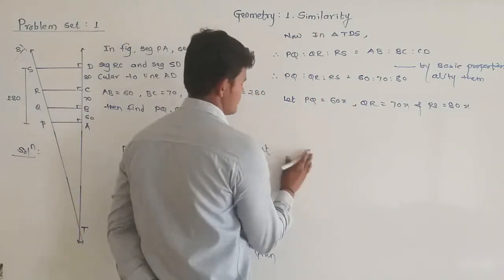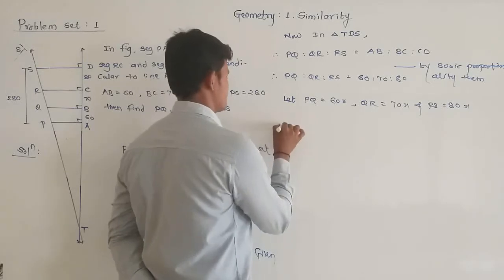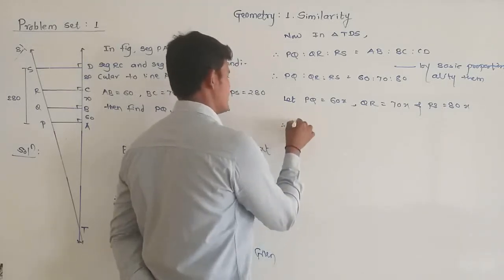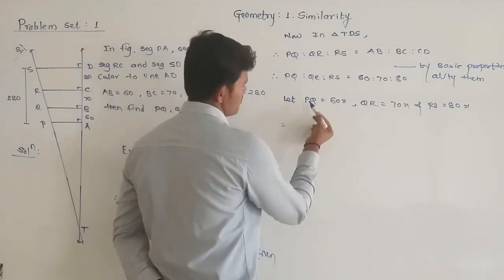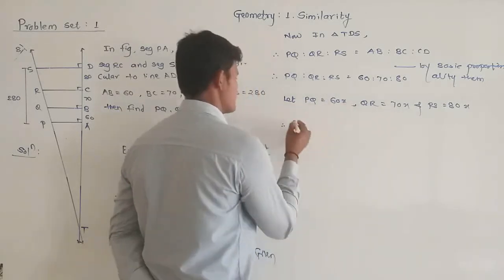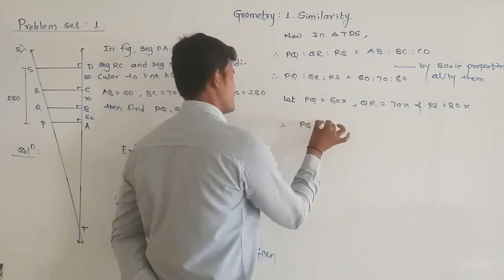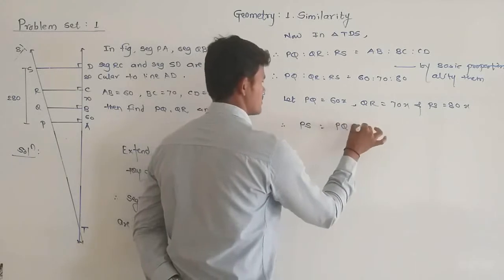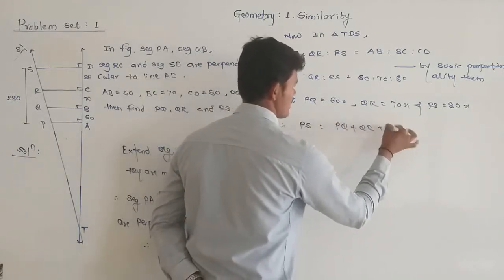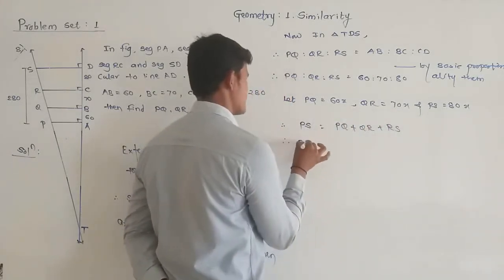Okay, so here we know that from segments PQ, QR and RS, we get the length of segment PS. So PQ plus QR plus RS. The length of PS is 280.